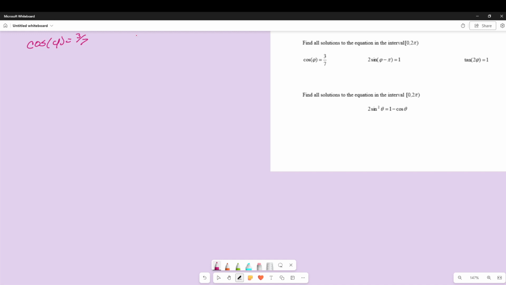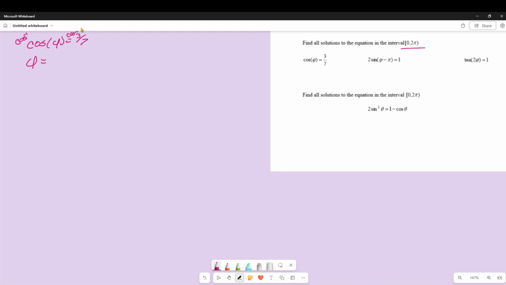We can do this in either degrees or radians. Oh, no, our interval is specified in radians, so I better be in radian mode. So I'm going to switch my calculator over to radian mode. Good. And then we will use our inverse function to give us our principal inverse.